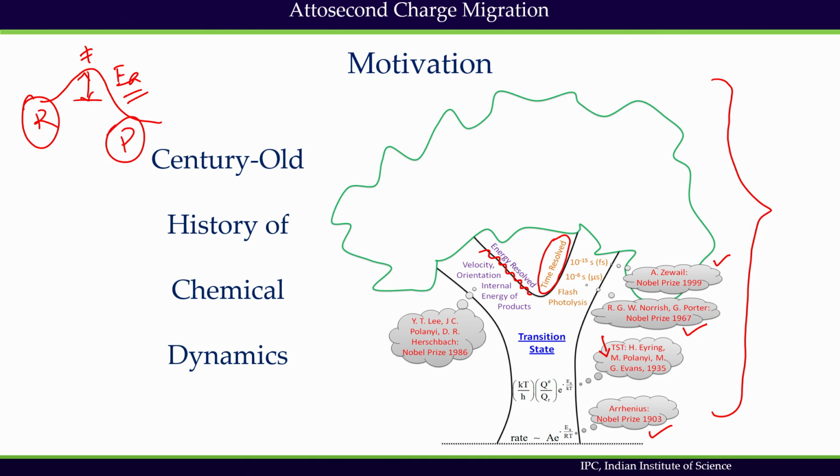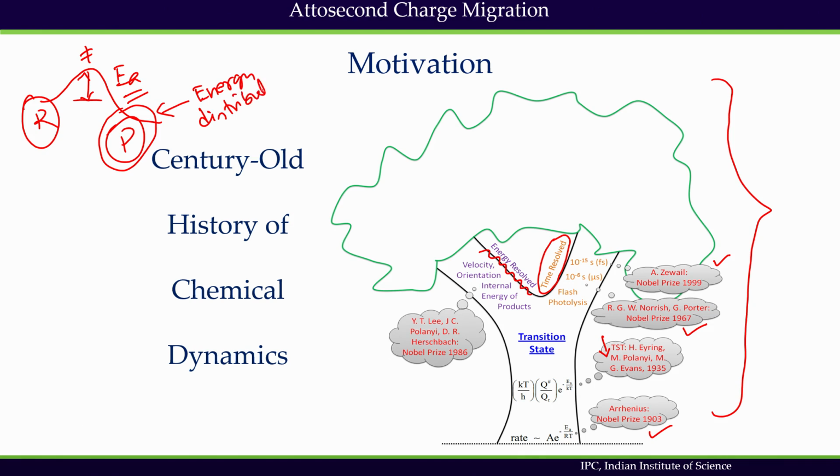Another group of scientists started looking at chemical dynamics from a time resolved perspective. And in the energy resolved study, what we do is, when we get the product, we analyze the energy distribution in the product.